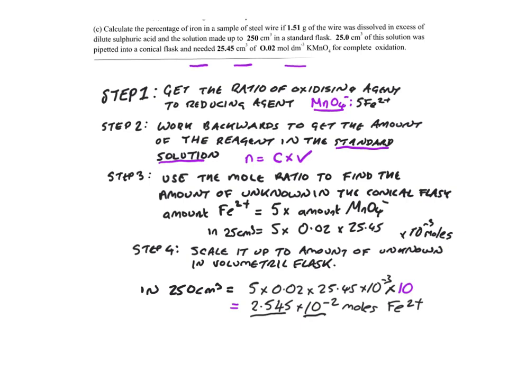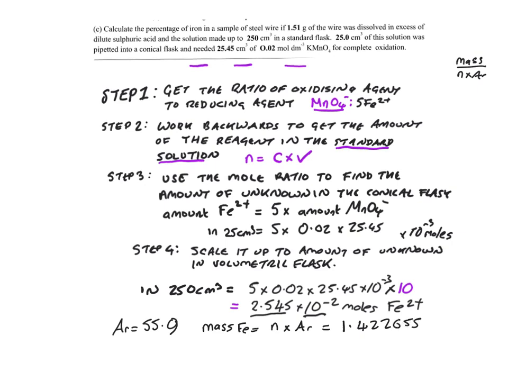At the start of the booklet, you were told the relative atomic mass of iron, and you were told that the relative atomic mass of iron is equal to 55.9. So therefore, if we know the moles and we've got the relative atomic mass, we know that the mass of iron in the wire is equal to the amount times by the relative atomic mass, and that is equal to 1.422655.